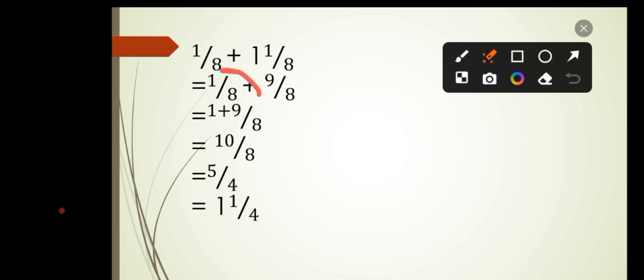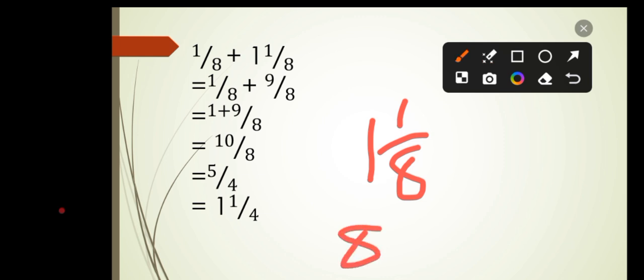But how do we convert this into vulgar fraction? 1 whole number 1/8. What do we do? This denominator 8 multiplied by this 1 whole number. What do we have? We have 8.